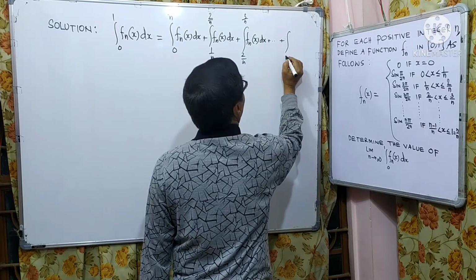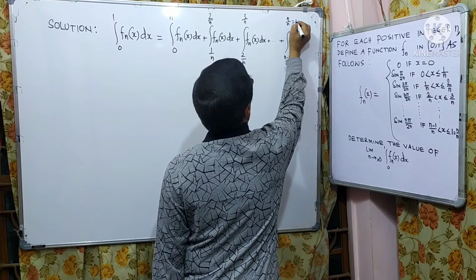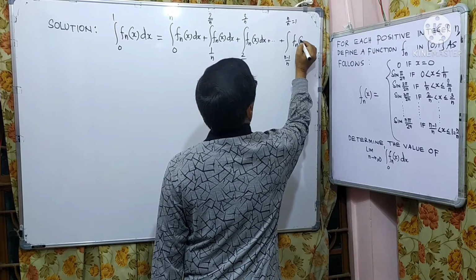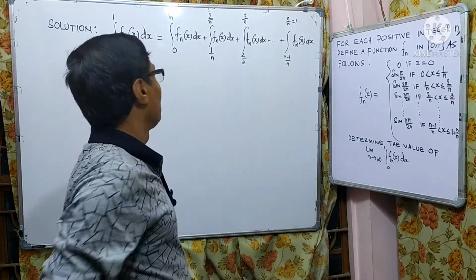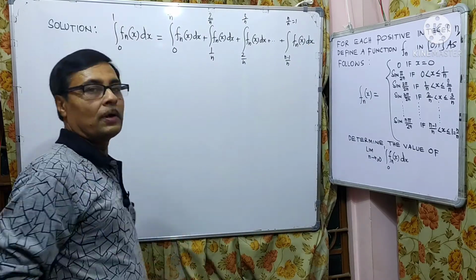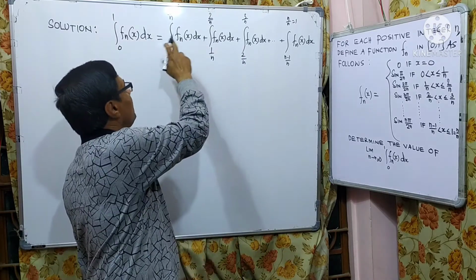Ultimately, the integral from (n-1)/n to n/n, that is 1, of fn(x) dx. This is written from the property of definite integral.